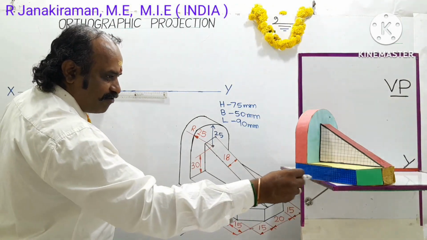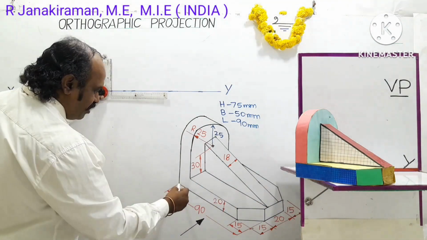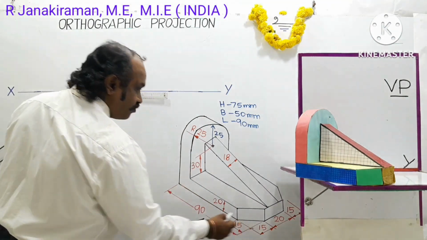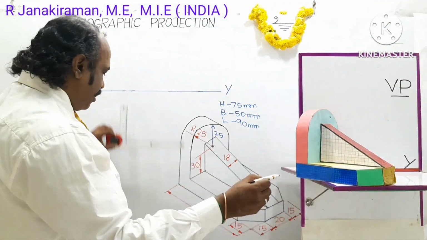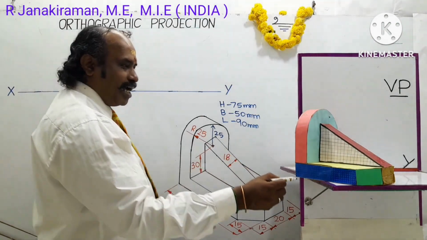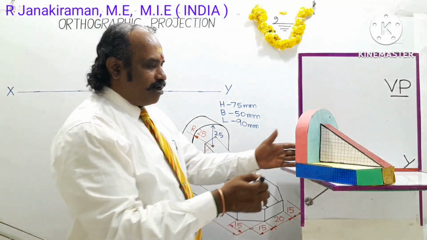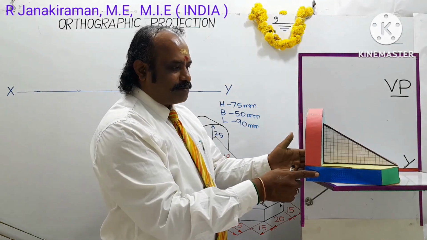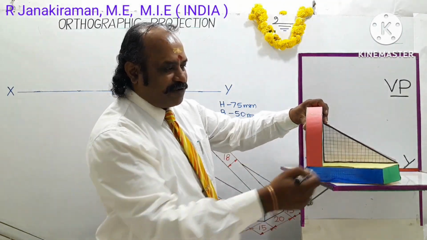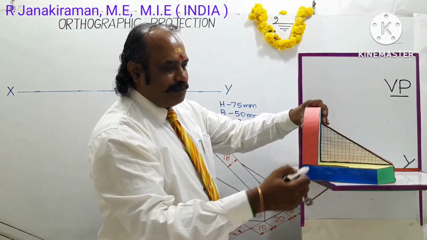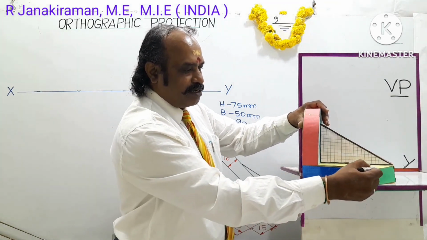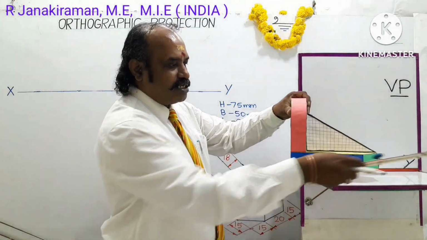This is called the lower edge of the base. This line we are going to draw first. Looking in this direction, the observer can see the length of the object and the height of the object. I turn the object so that you can see it in the camera. The yellow surface on the top of the base shall be merged forming a single top edge over the base part of the object.